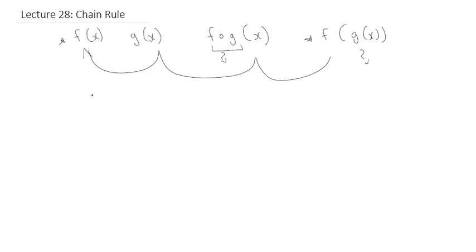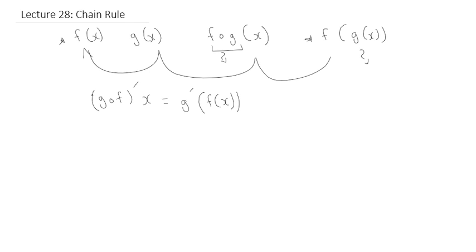Now the idea of the chain rule is, what if you have two functions composed with each other, and you take the differential of that with respect to x? There's a general rule for this that you should try to understand. We take the differential of g, but we know that inside g lies f of x.